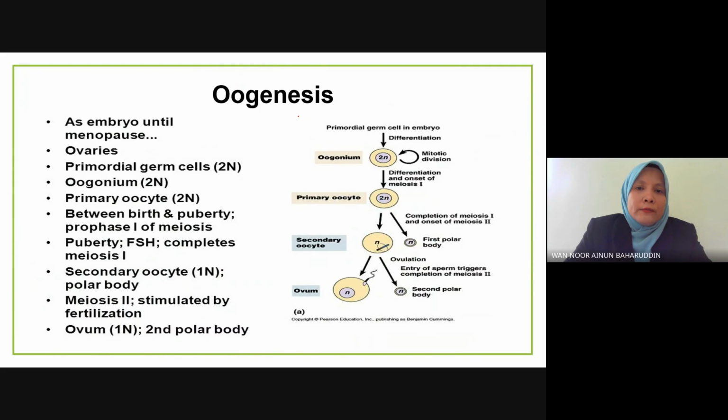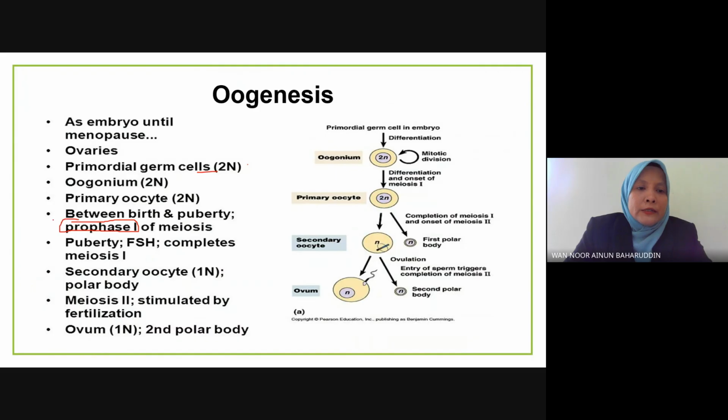As an embryo until menopause, the number of cells is fixed. The ovaries are where oogenesis occurs, and these are the chromosomes carried by the germ cells, all diploid in number: the oogonium is diploid, and the primary oocyte is also diploid. Between birth and puberty, they enter prophase 1 of meiosis.